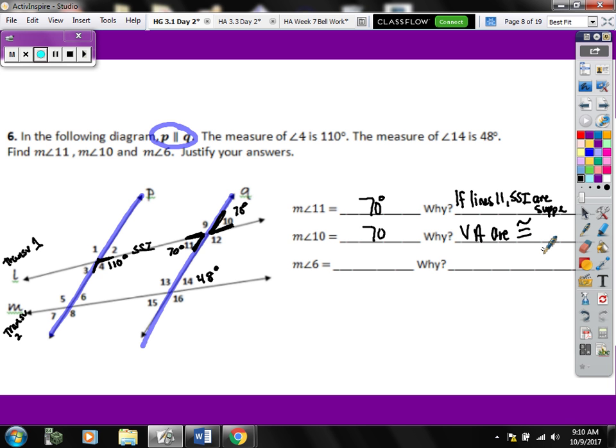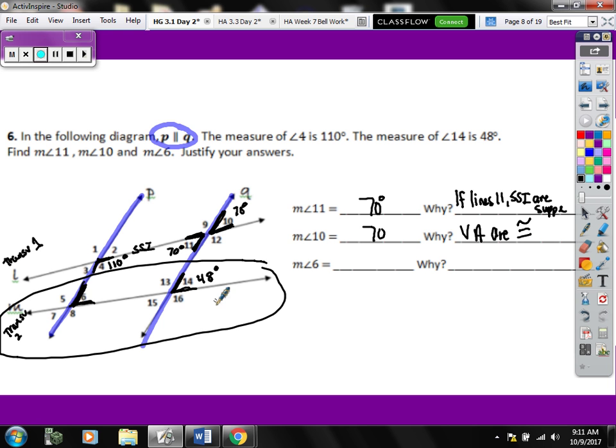And how about the measure of angle 6? I'm going to trace that with my corner. You're going to be careful. Joseph? 48. So again, I'm now using this transversal. So whenever I travel along this transversal, I find 48. These are corresponding angles.